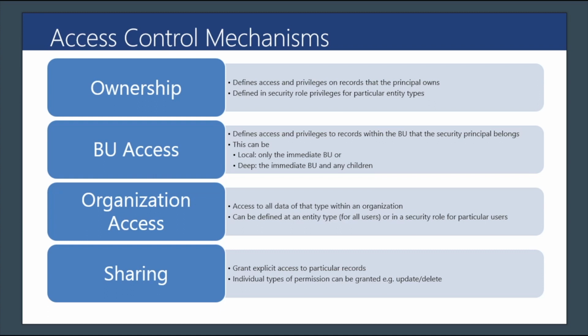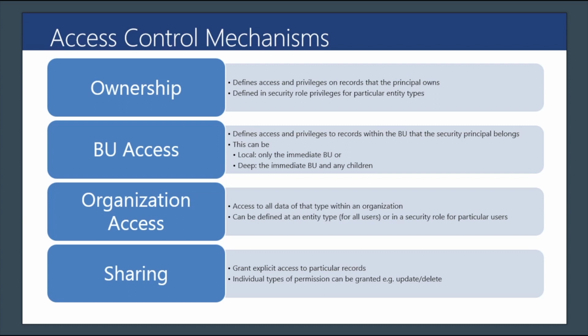So if we have a given user, that user is assigned to a particular business unit, and you can scope access at the business unit level, which would grant access to records that are within the user's given business unit. And there's 2 types of business unit level access. There's local or immediate business unit, which means the business unit to which that security principal directly belongs.